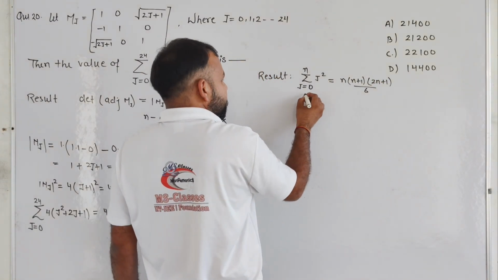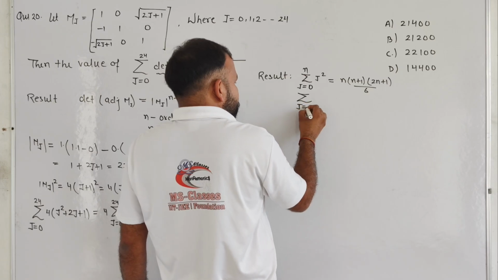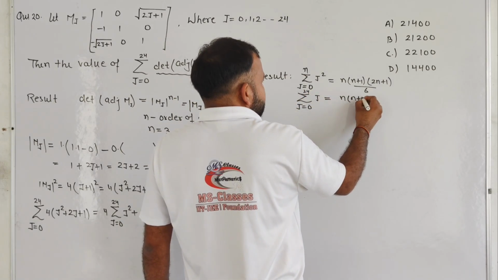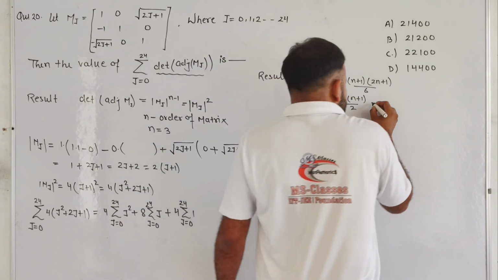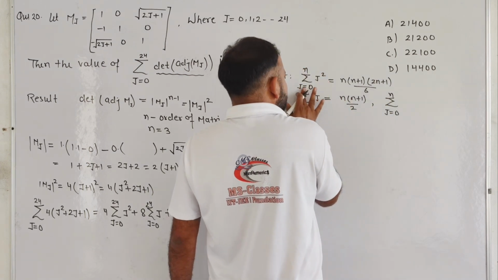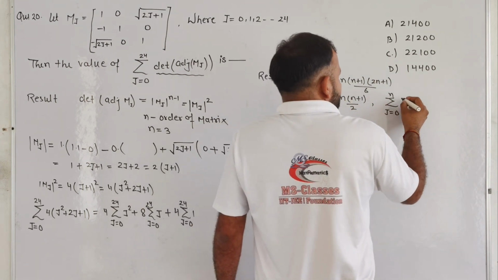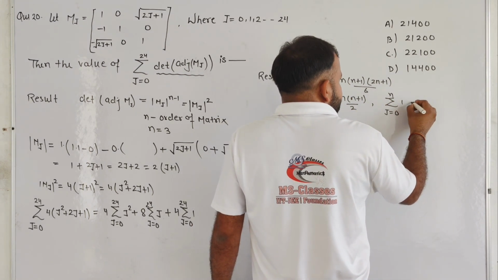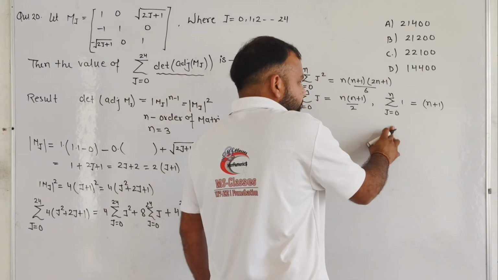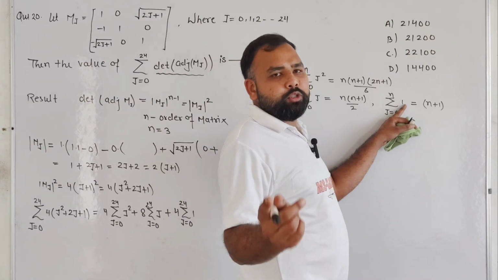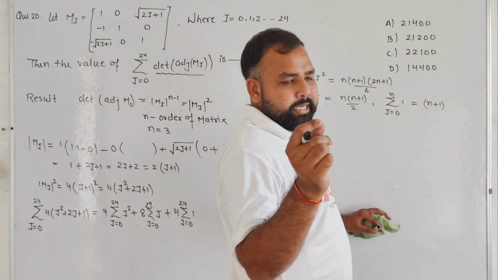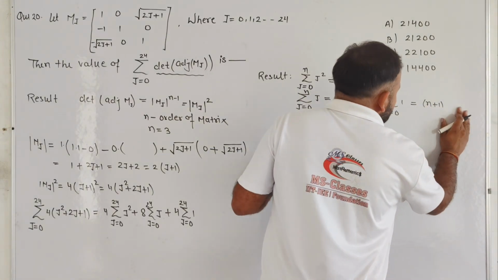In the same way, the summation of j, j from 0 to n, is n into n plus 1 divided by 2. And the summation of 1, j from 0 to n, is n plus 1, because putting j equals 0 you get 1, and from 1 to n you also get 1, so 1 is taken n plus 1 times.